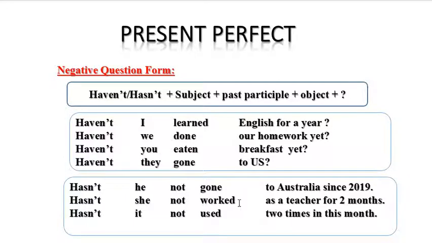Hasn't she worked as a teacher for 2 months? Hasn't it been used 2 times in this month? Okay, that is the negative question form in present perfect. So just remember the form and the usage, the example and here.